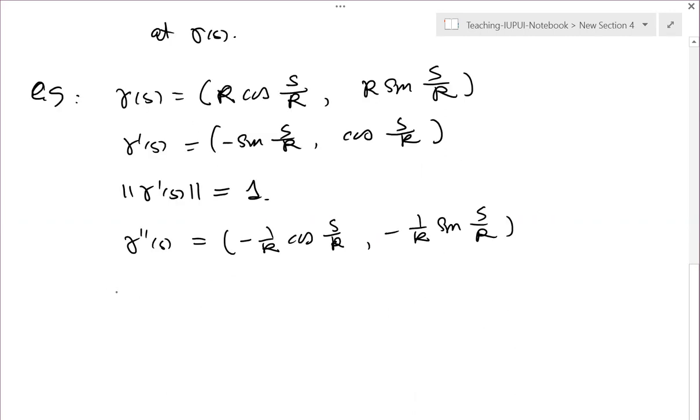So the length, how does it look? It's negative 1 over r times cosine of s over r and sine of s over r.